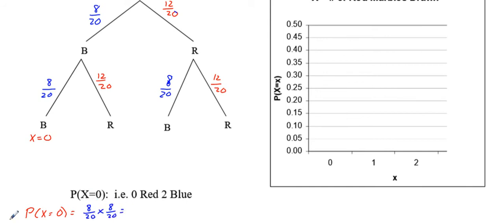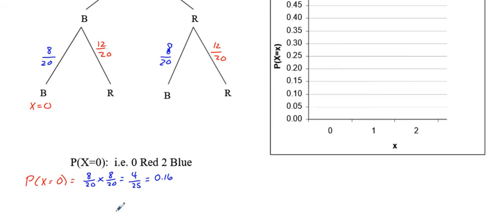And in lowest terms, that works out to 4 over 25. And as a decimal, that is 16%. So you only want the decimal for the graph, but otherwise you would just leave your answer as a fraction.